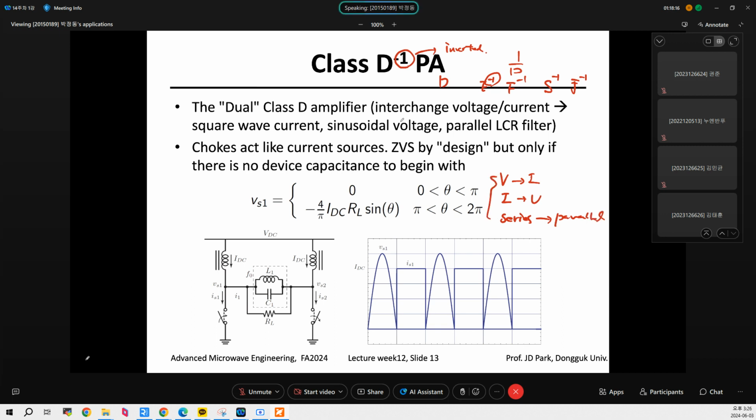So the inverted class B, class D amplifier means the square wave voltage becomes square wave current. Sinusoidal current becomes a sinusoidal voltage. A series LRC filter becomes a parallel LRC filter. Make sense?